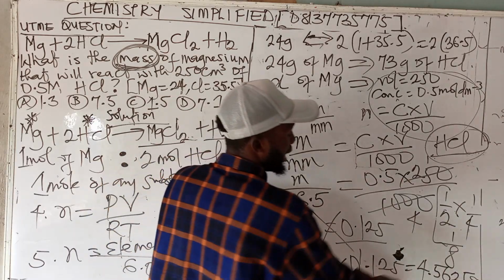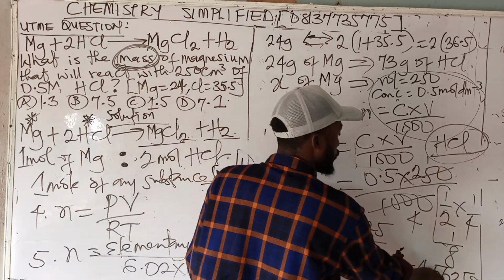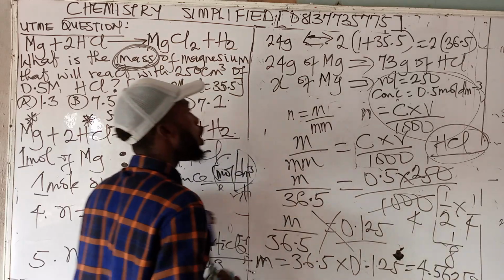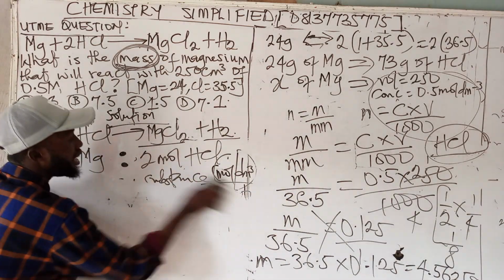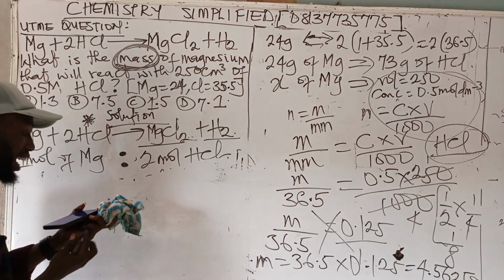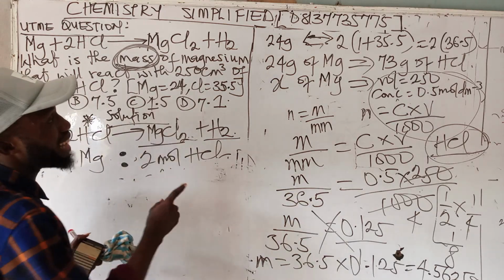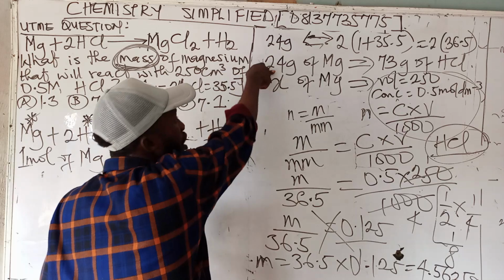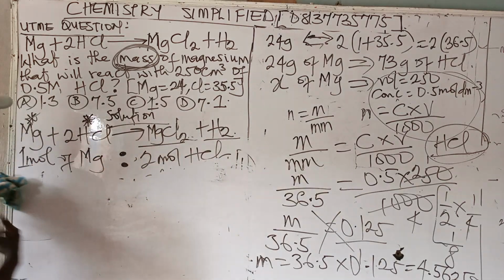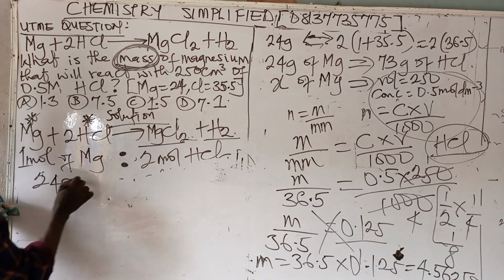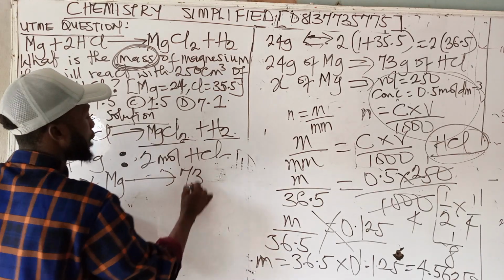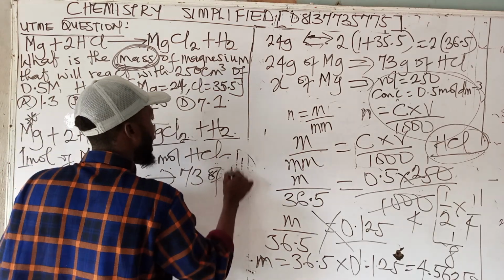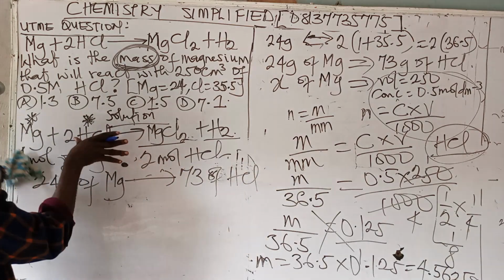So we calculated our mass to be 4.5625. Alright, how are we now going to solve that with the information we get here? Don't forget where we started. We started from where? That 24 grams from the balanced chemical equation. That 24 grams of what? Of magnesium gives 73 grams of HCl from the balanced chemical equation.